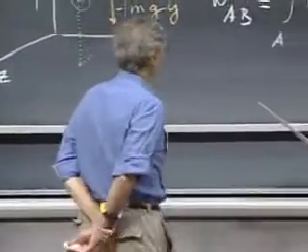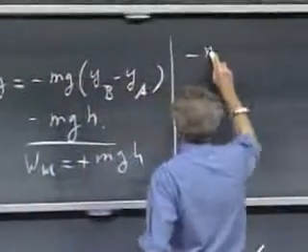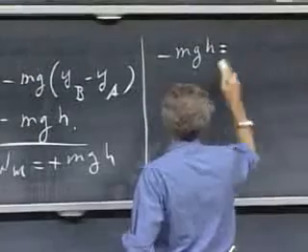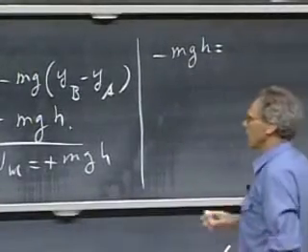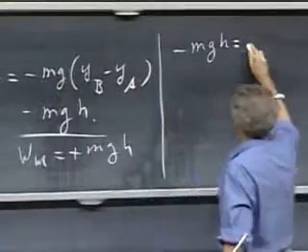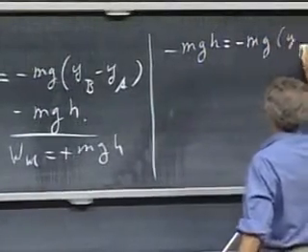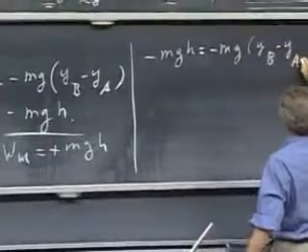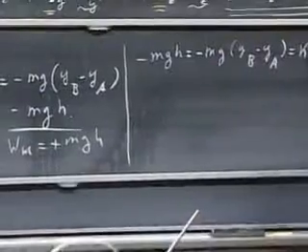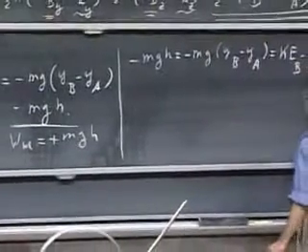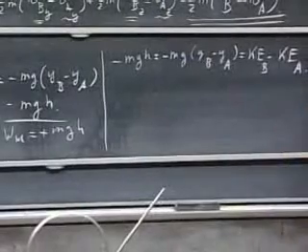When there's only gravity, then we have that minus mgh is the work done in going from A to B, equals minus mg times y of B minus y of A. And that now is the kinetic energy at point B minus the kinetic energy at point A. This is the work energy theorem.